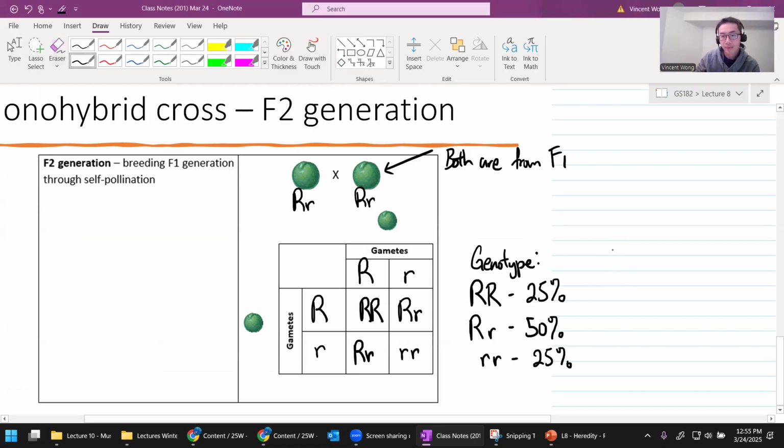All right. Phenotype. Can someone tell me the percentage for the phenotype? Anyone at all? What is this? Is this round or wrinkle?